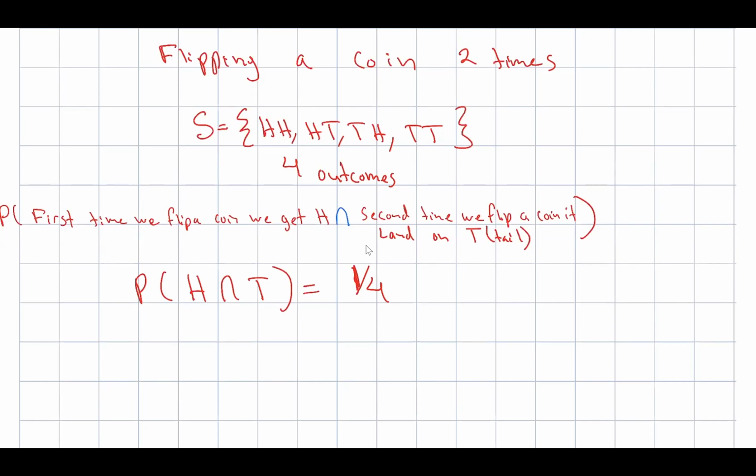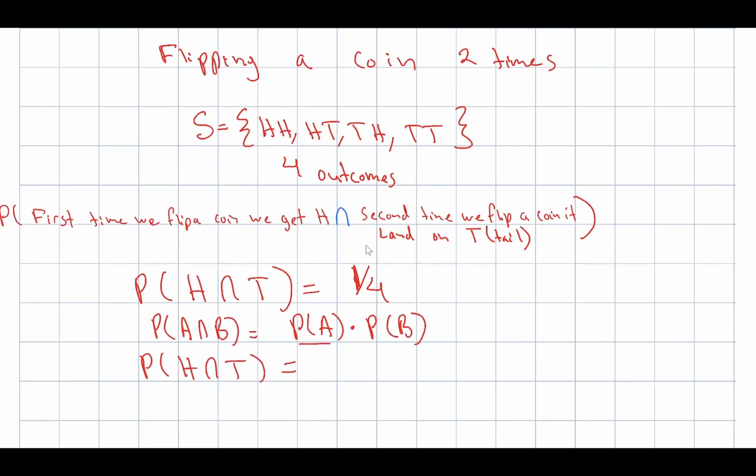Okay, so now I'm going to bring it around to how the formula works. The formula says the probability of A and B is equal to the probability of A times the probability of B. So let's use this formula for the problem we just solved. We want to find the probability it lands on heads and then it lands on tails.